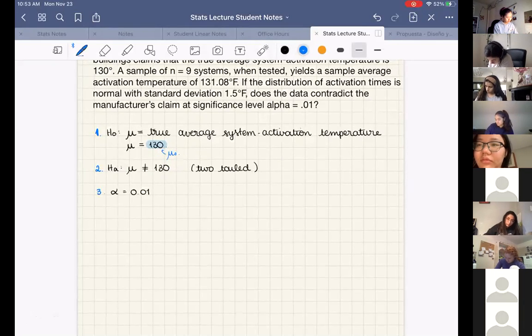Then we have to state the test statistic, which of course here is clear because we have only seen one test, so that's nice. That's going to be Z equal to X bar minus mu naught, which is 130, divided by sigma over square root of n.